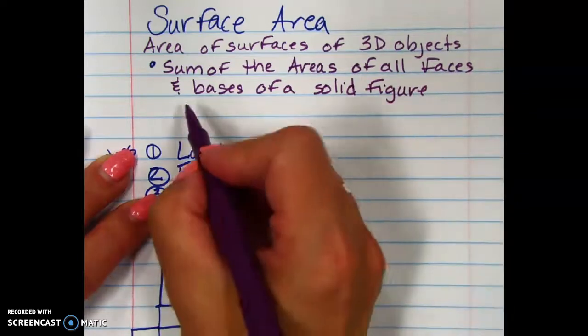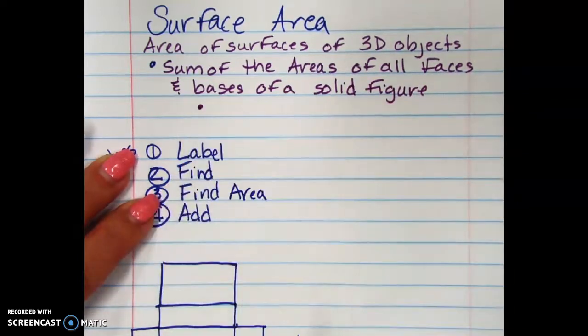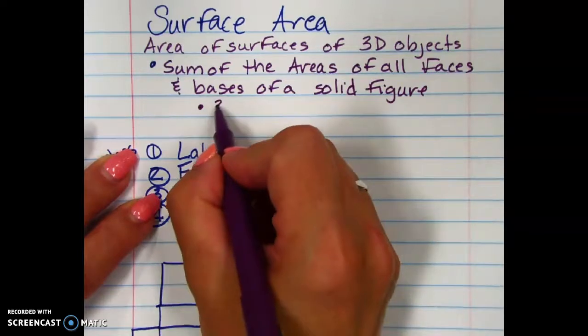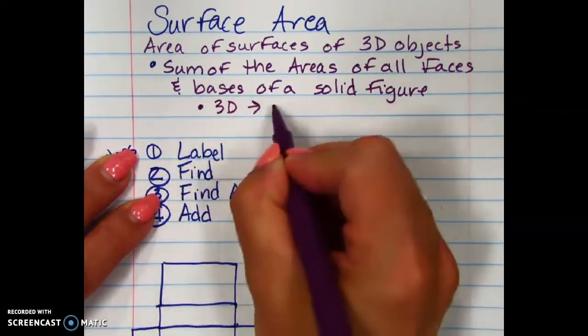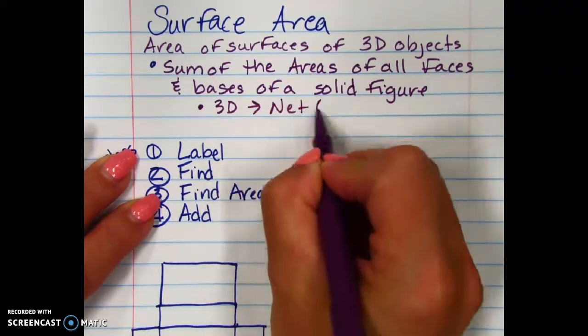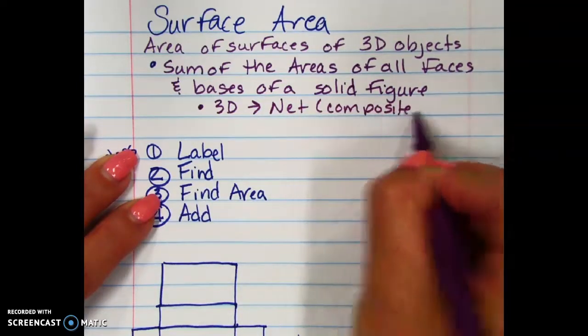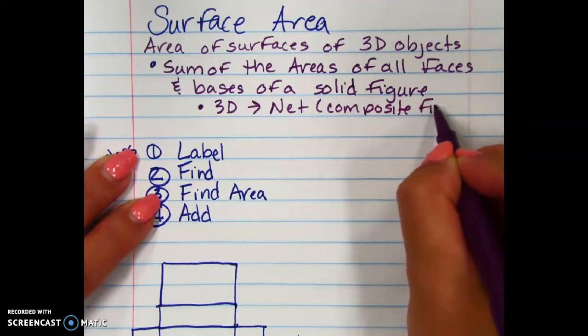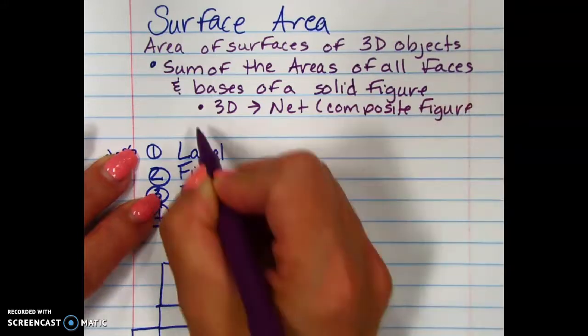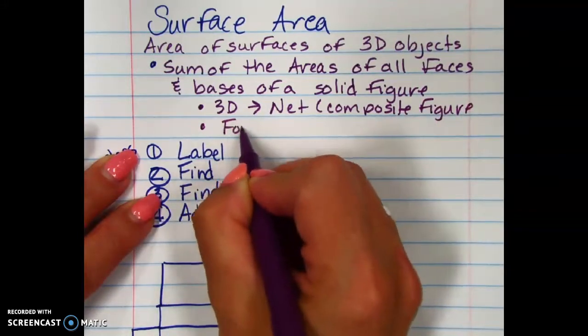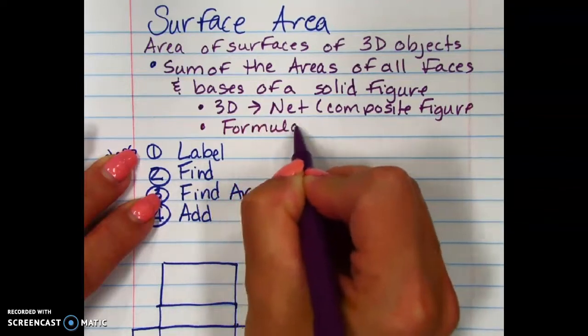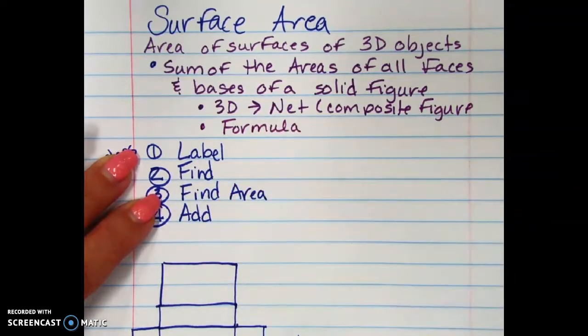Okay, one thing we need to remember, which I've already mentioned, is we take a 3D object and we make it into a net, which means it's a composite figure. And then we use the formula for area, whichever might be the shape of that face.